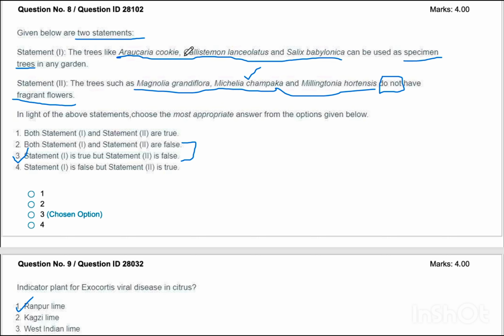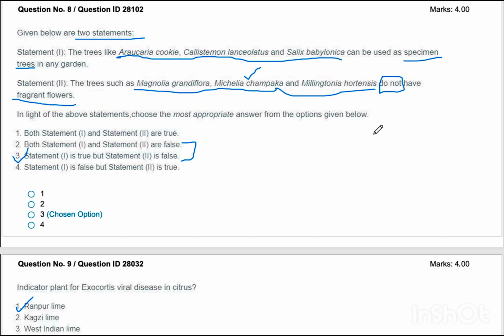I read it 2 to 3 times. I didn't get much time to go through floriculture related crops, so every time I went through that crop, I used to go to Google and search for those floriculture crops.